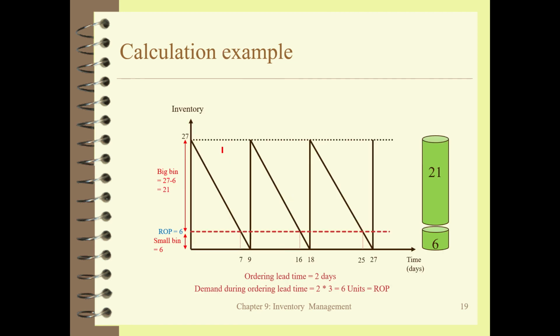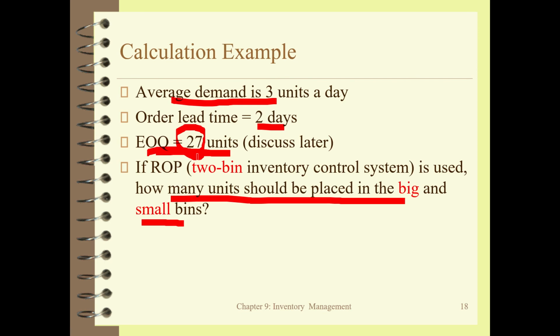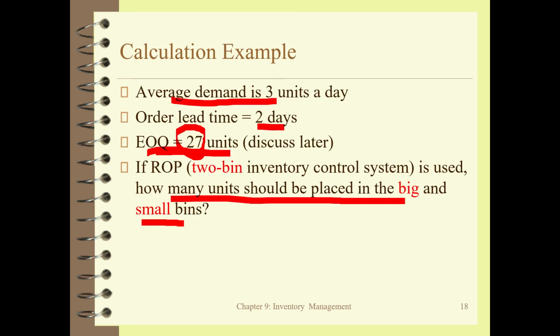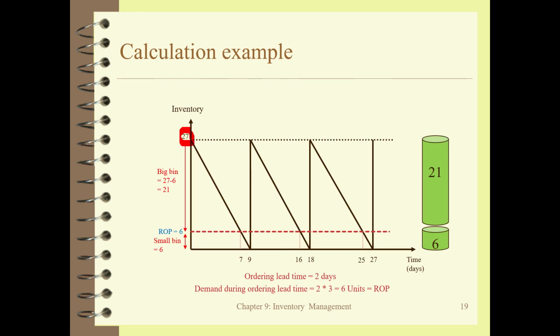Look at this picture. Every time we place an order, we order 27 units. These 27 units go into the big bin and small bin. The question says the average demand is 3 units per day.